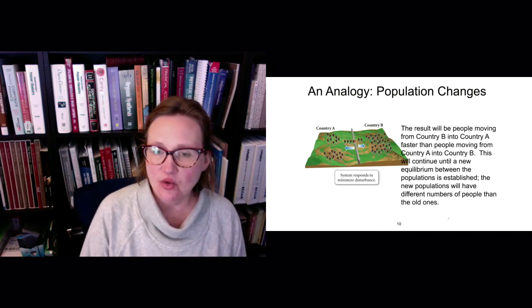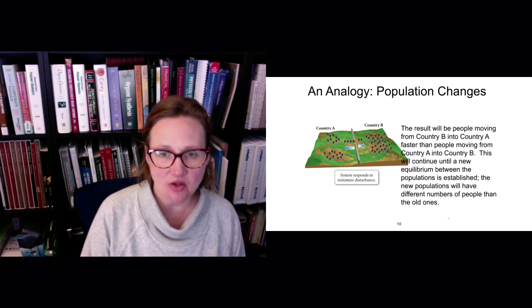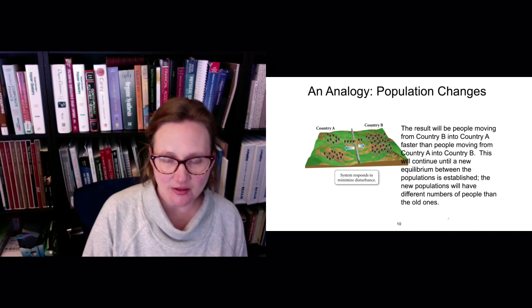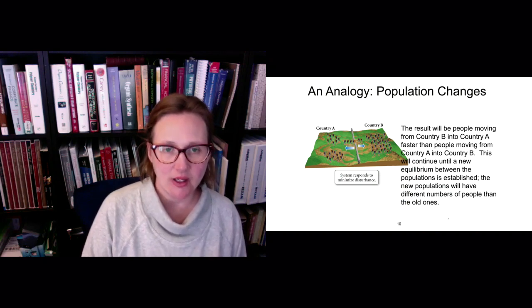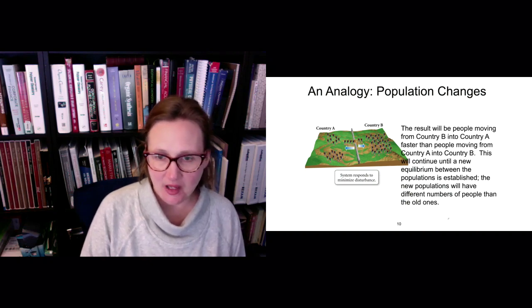All right, and so the result is that the people moving from country B into country A is going to be faster than people moving from country A to country B because we've added those people into country B. So the system is responding to minimize this disturbance. So this will continue until we've reached equilibrium.